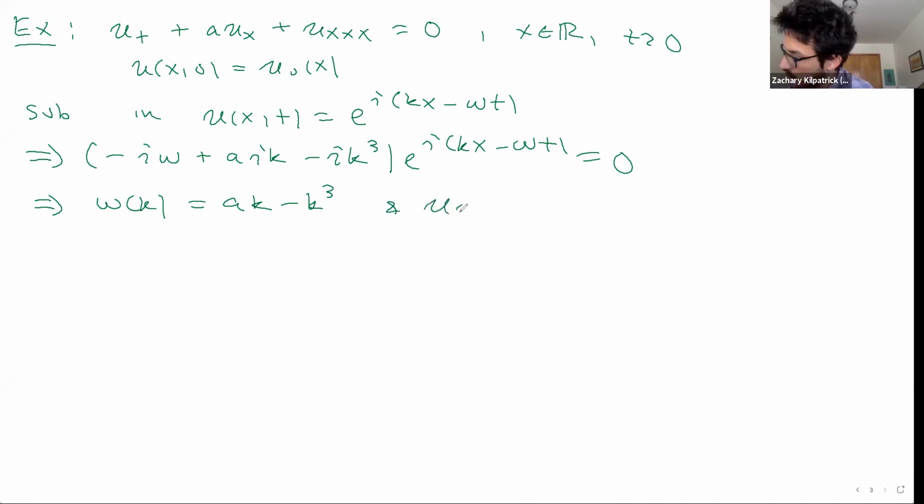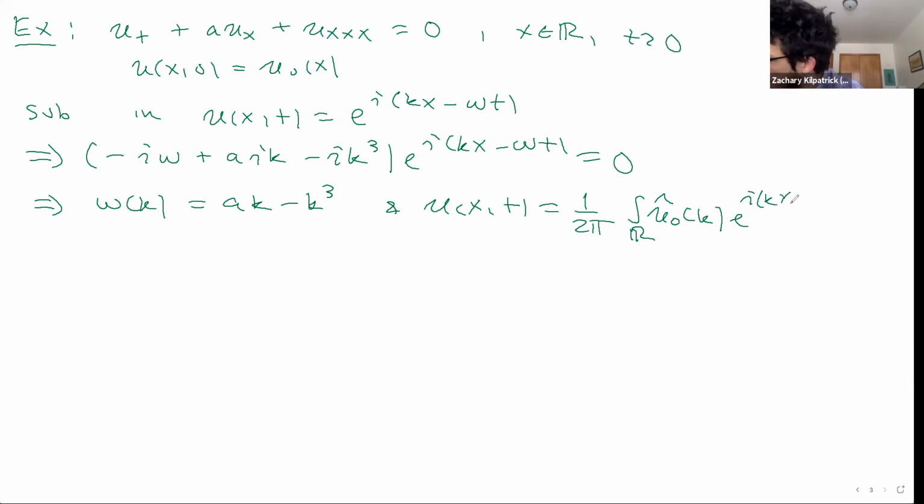And our general formula for u of x, t now is going to be the inverse Fourier transform of u0 hat e to the i (kx minus (a k minus k cubed) t).